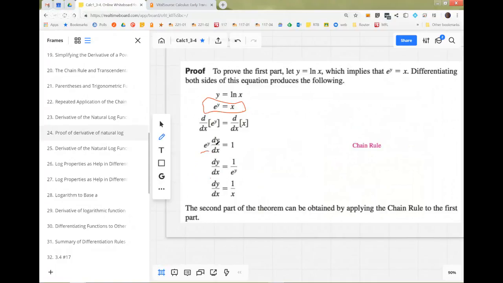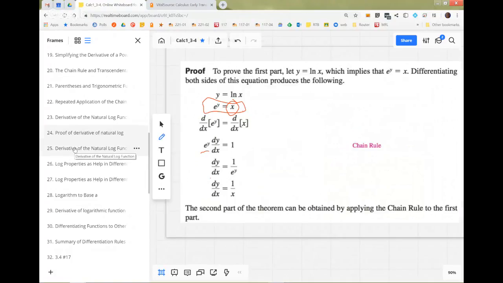If we divide both sides by e to the y, we get the derivative of y with respect to x is 1 over e to the y. And what's e to the y? If you look up on top here, it's x. So a little bit of a trick there. We don't usually look at proofs, but we looked at a proof for why the derivative of the natural log of x is 1 over x.